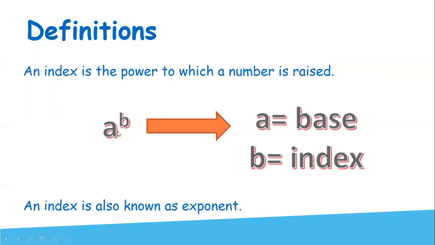If you have a raised to b and c raised to d, then b and d would be indices. An index is also known as an exponent. So if you don't want to call b an index, you can also call it an exponent. You can also say the power to which a is raised.